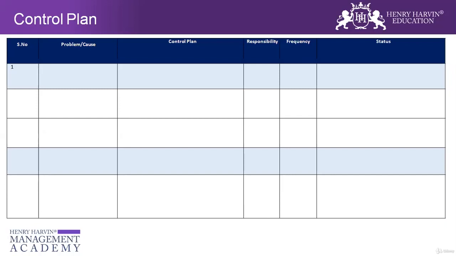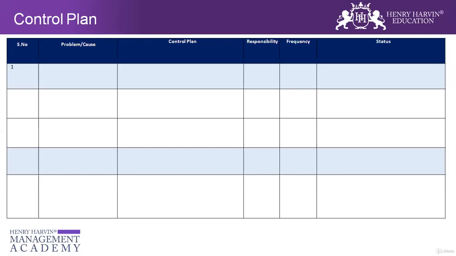Okay. So I got a question now. When we do the control chart, and I identify any special cause variation and I am trying to fix that, is that the problem to be mentioned here? No. Here I'm mentioning the cause which has been identified during the analyze phase. So I'm mapping my control plan with the cause that I've identified.